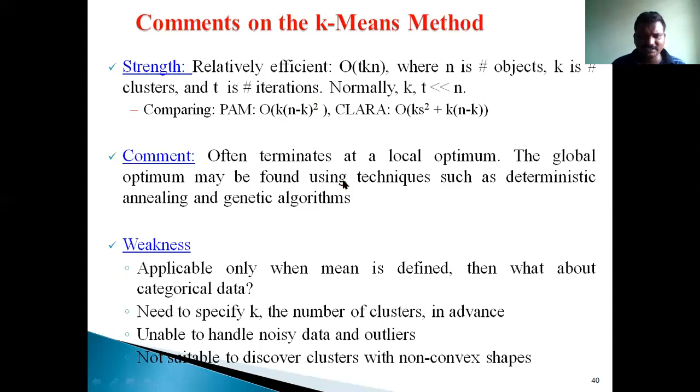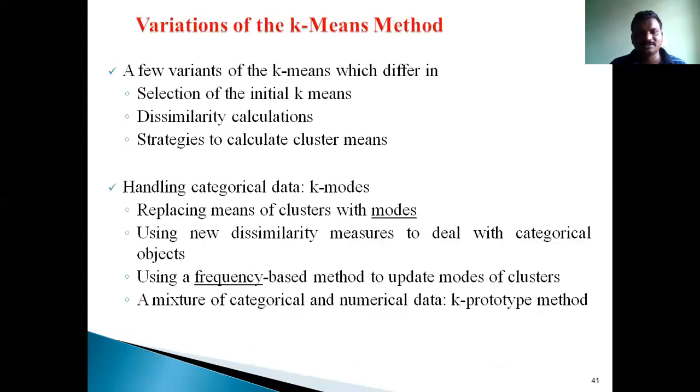That means you need to specify the k value every time. Initially you have to specify the k value. It cannot handle noise data. Those are some drawbacks, some weaknesses, of k-means clustering.